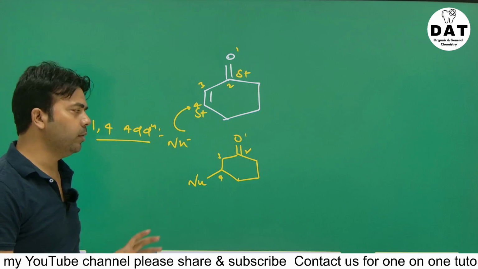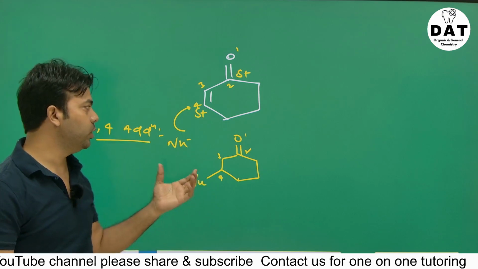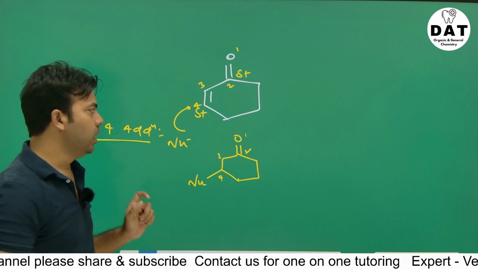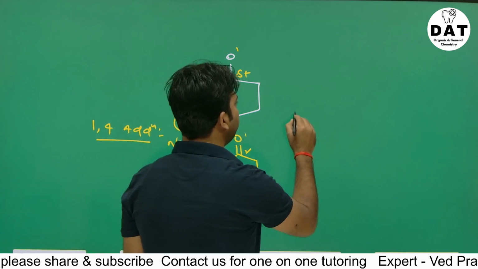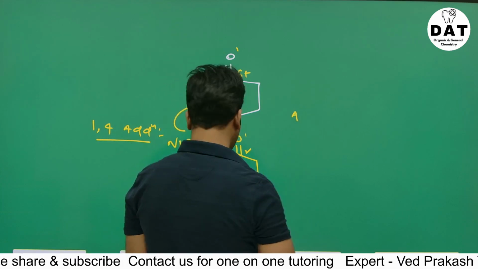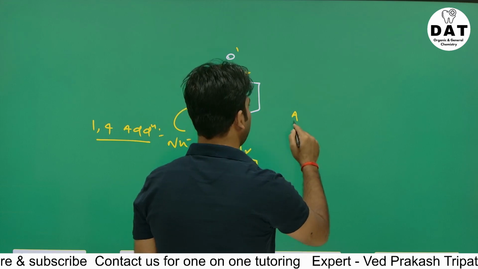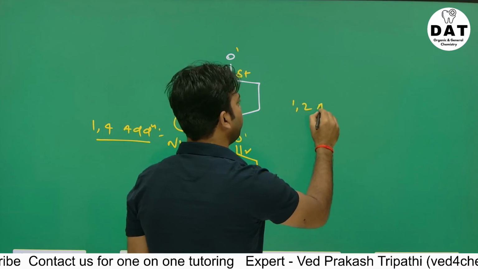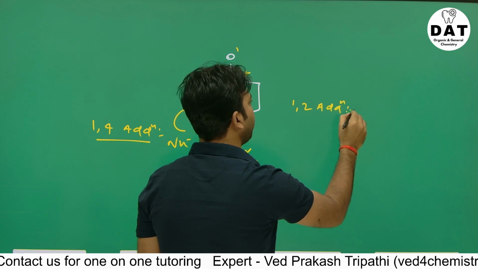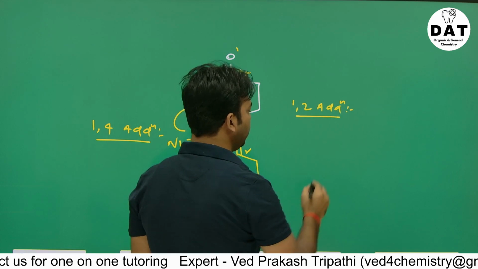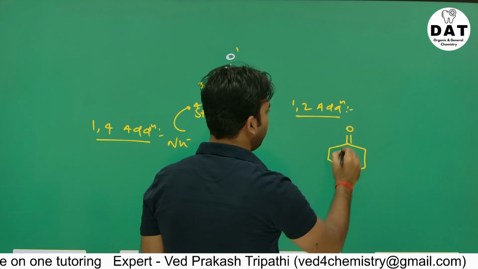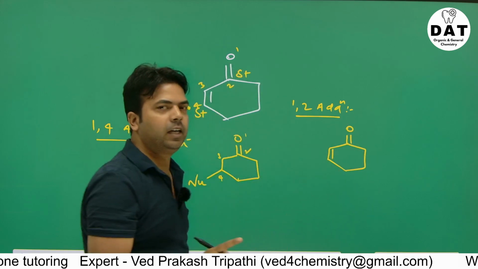I am not talking about the mechanism. I am just telling you how we can attach directly without mechanism. And if you are talking about 1,2 addition, this is the one. Normal nucleophilic addition attack.